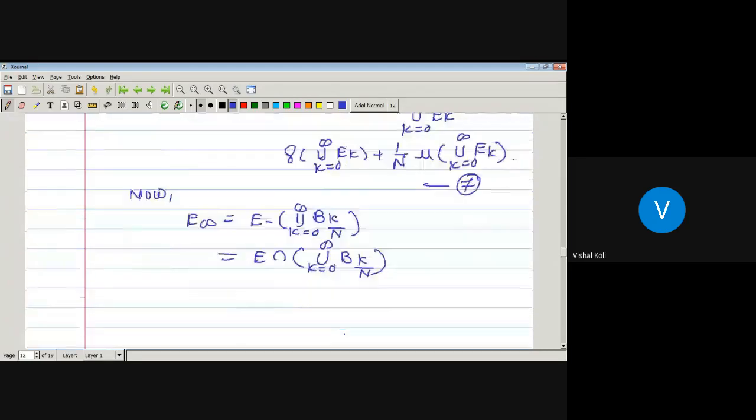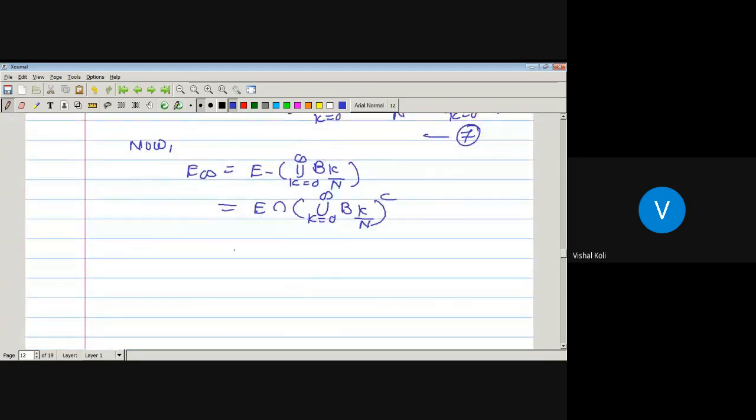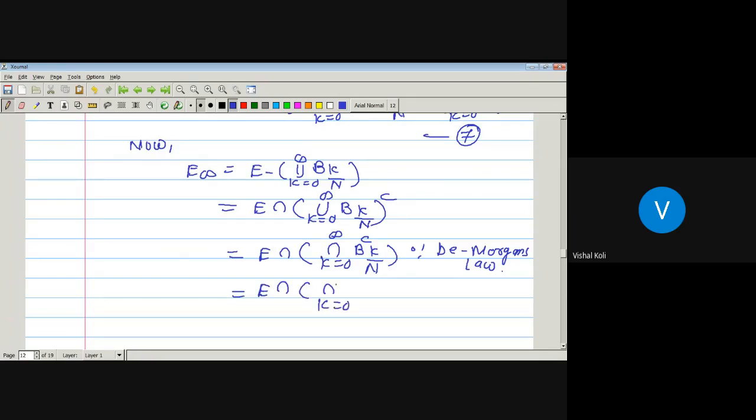Therefore after solving this we get E intersection with the intersection over k running from 0 to infinity of the complement of b k by n, which is from De Morgan's law.